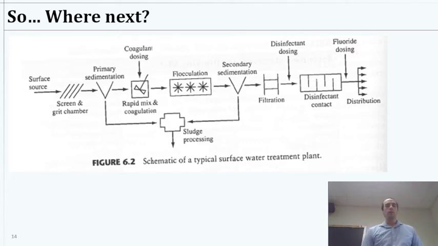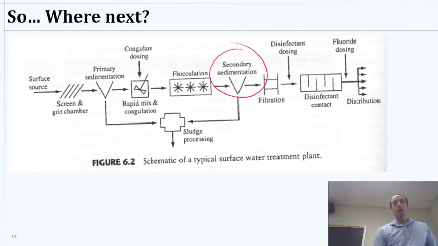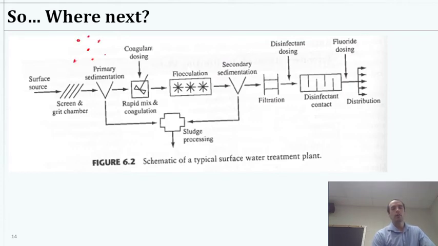In our case, we're going to stick with type 2 sedimentation even in this second part, and that does make some sense because in the primary sedimentation we have little particles floating around, and then by adding the coagulant and doing the flocculation, we're going to have these discrete particles now forming larger units of discrete particles.